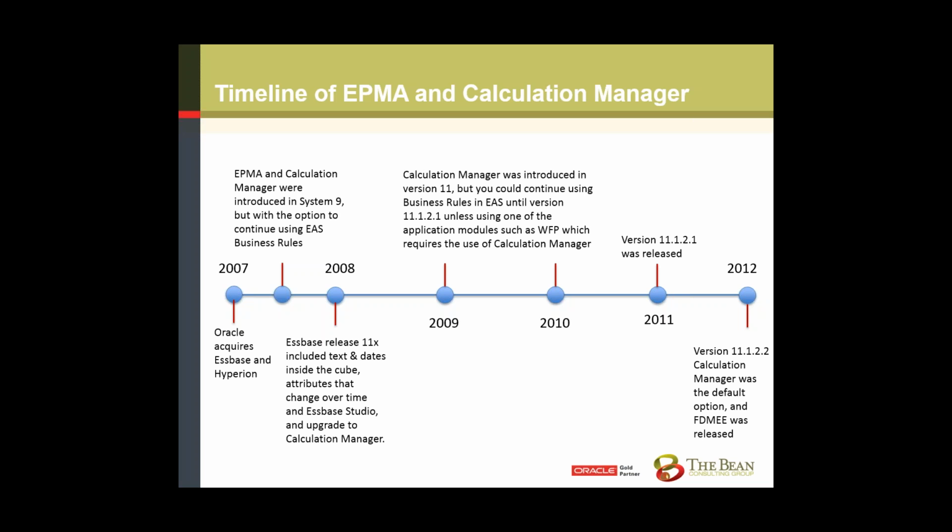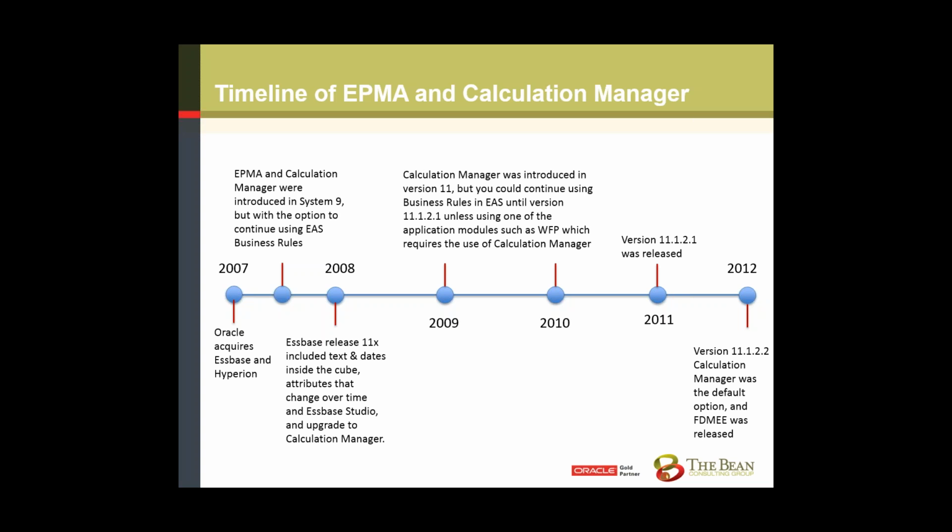Throughout the next several years, you could either use EAS Business Rules with your Planning and Essbase applications that were developed through EPMA or through the workspace, or you could use Calc Manager. So you had an option to use either the new Calc Manager Business Rules or EAS.